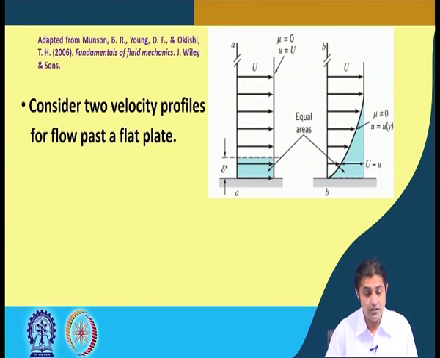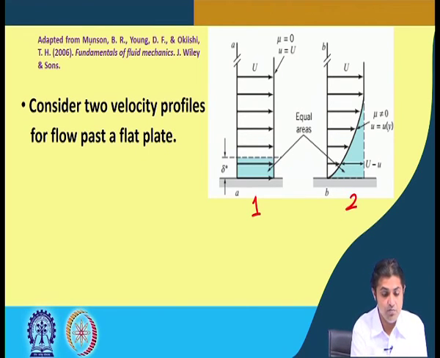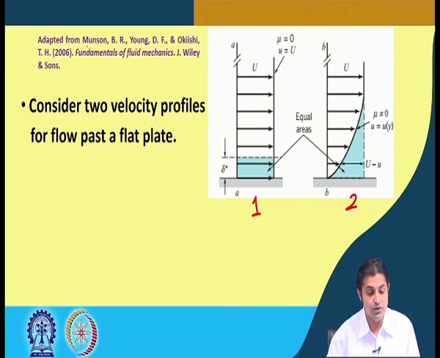So, we consider two velocity profiles for flow past a flat plate. This is the flat plate here. Okay. This is section, this is the one velocity profile, this is 2, and both have equal areas. Okay. And this figure has been taken from Munson, Young and Okiishi, Fundamentals of Fluid Mechanics.